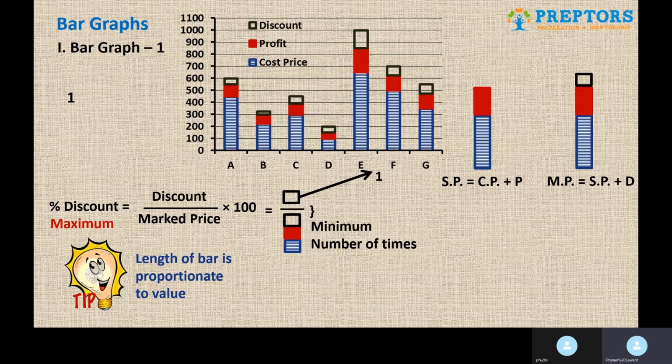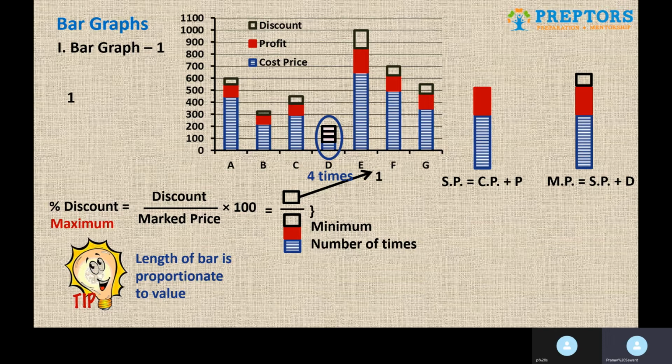So see, now we will just simply look for D. If we check the length of the bar, the length of discount bar for D is 4 times the entire bar. That means it would be 1 part upon 4 parts.